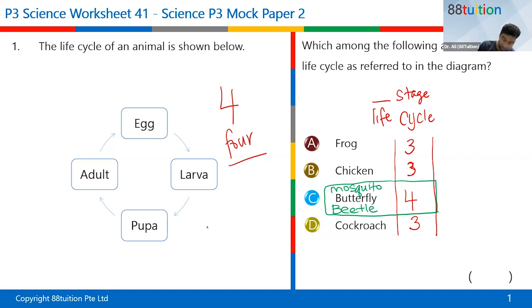If tomorrow's options are A, B, C, D, and then it says mosquito, are you all getting where I'm going with this? It says butterfly, then it says beetle, then it says cockroach. What do you think the question will be? The question will be a little bit different. What will be the answer, you think?